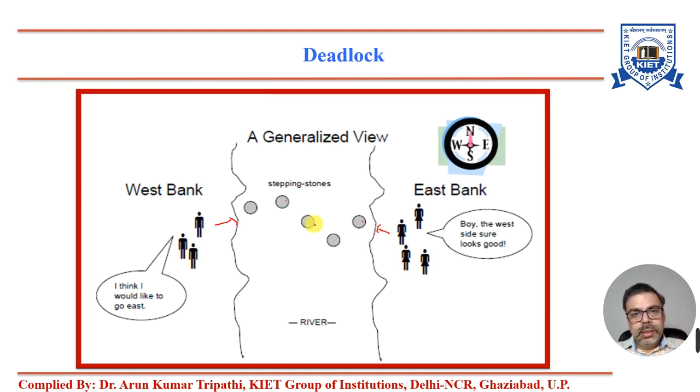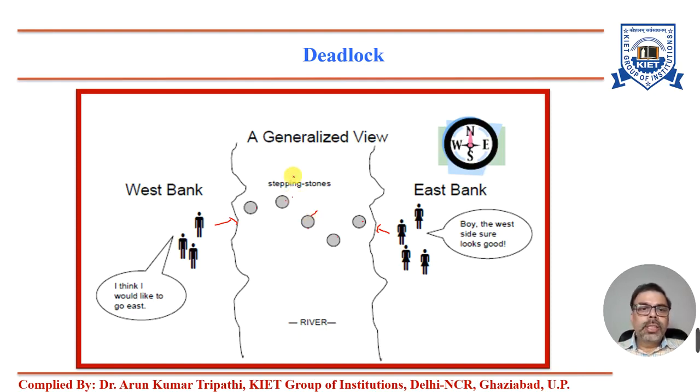These stepping stones are non-shareable, meaning only one person can stand on one stone. It is not possible for two persons to stand on the same stepping stone. So all stepping stones are basically in non-shareable mode. No one can preempt.